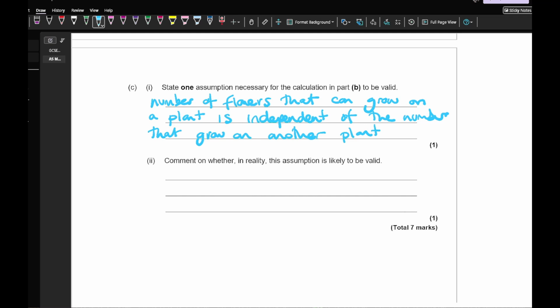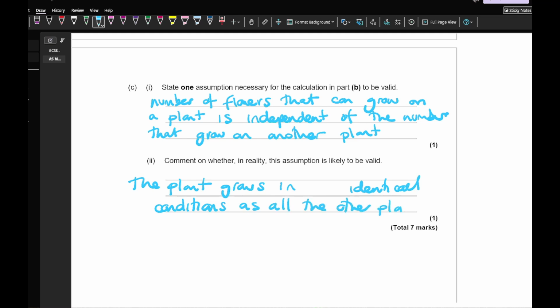So for this, I would suggest something along the lines of that the plant grows in identical conditions as all the other plants.